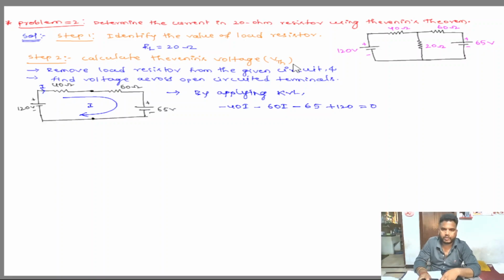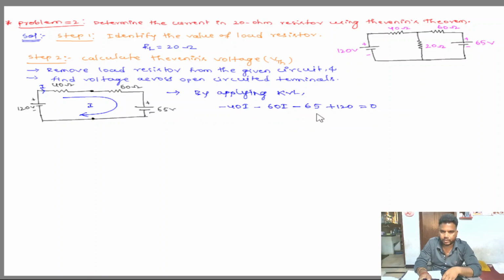I think everyone knows the statement of KVL: in any closed path, the algebraic sum of all voltages, meaning voltage drops and voltage rises, is equal to 0. Remember, when you write the KVL equation, no need to write units of the resistance voltage. Just write R into I, and the direct voltage value.